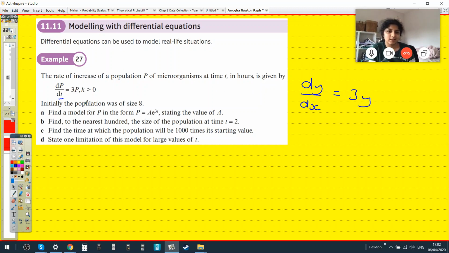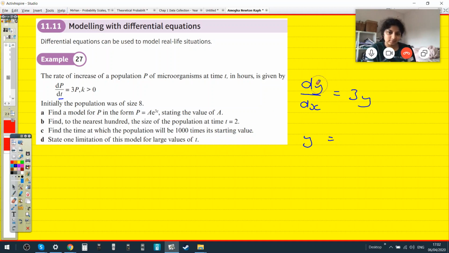It's because it's like change in y over change in x, so there has to be. So if you were to integrate this, y equals... Would it be 3 over 2y squared? I don't know. It would not.